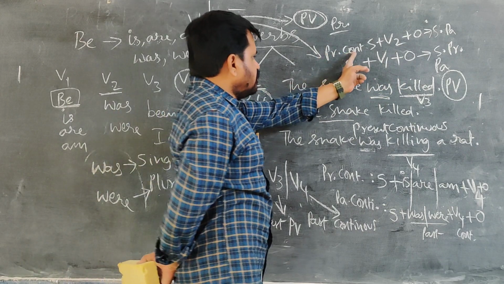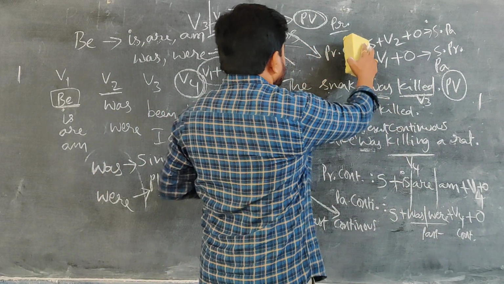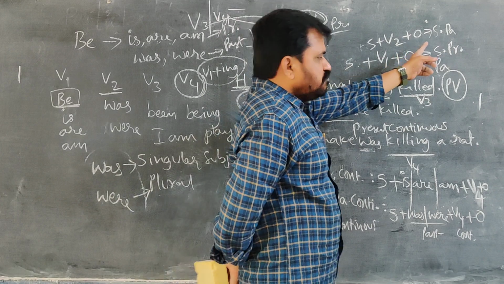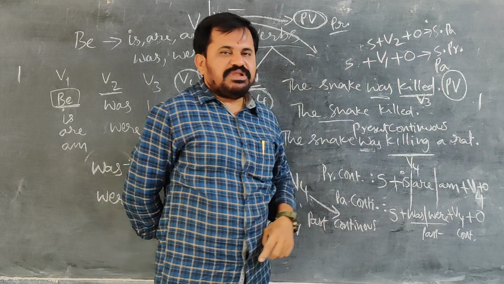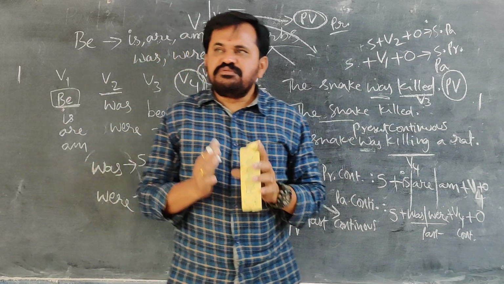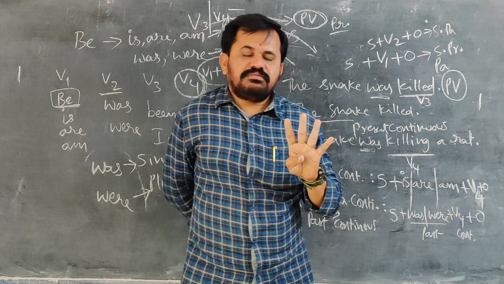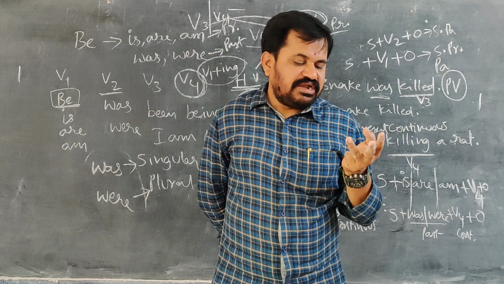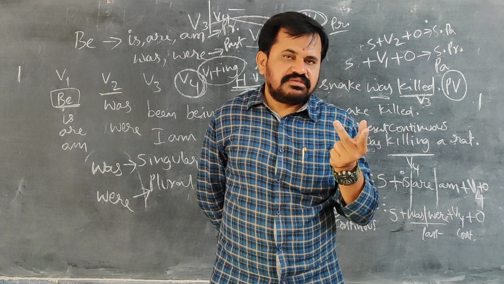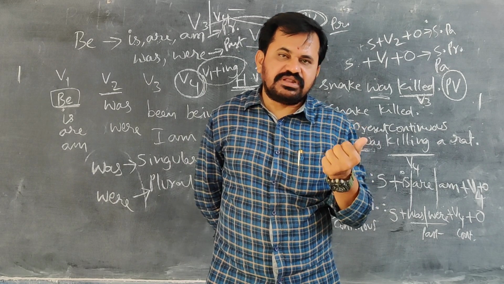Whereas simple past tense: subject plus V2 plus object. In present tense four tenses are there: simple present tense, present continuous tense, present perfect tense, present perfect continuous tense.